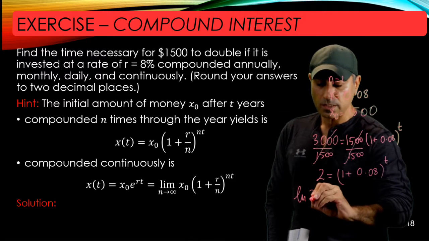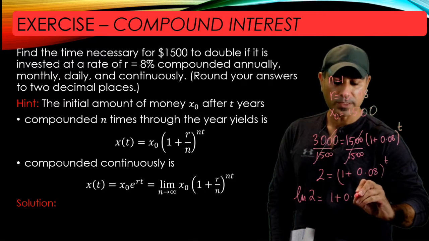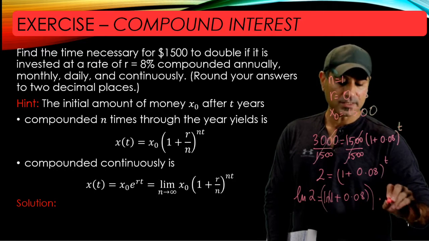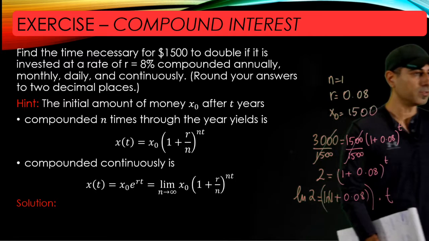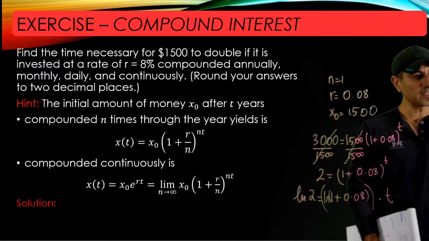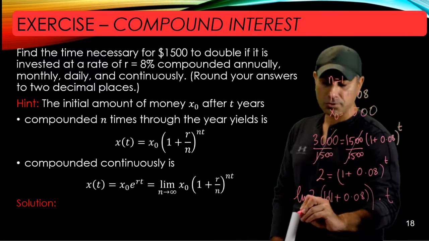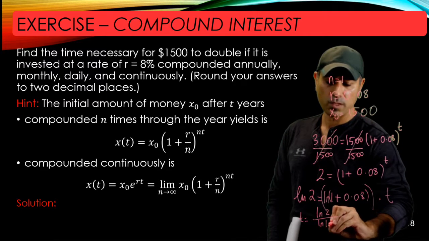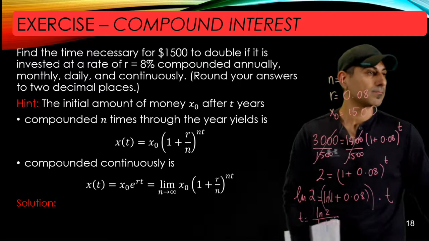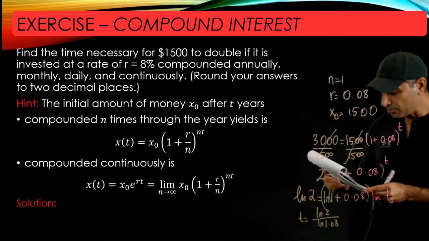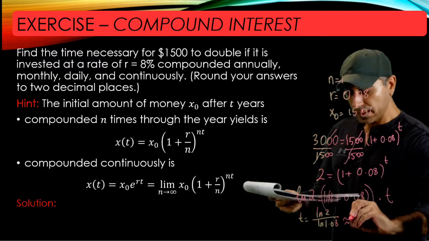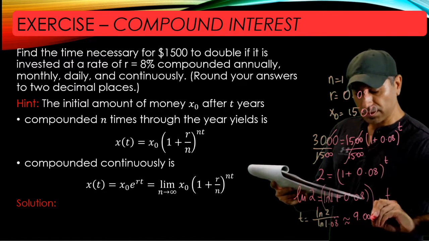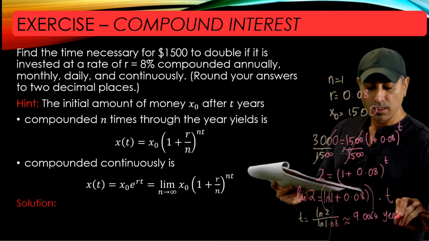So ln 2 equals t times ln of 1.08, since the t comes down. So in turn, t is going to be ln 2 divided by ln 1.08. This is something that you can use your calculator for, and you get 9.0064 years.